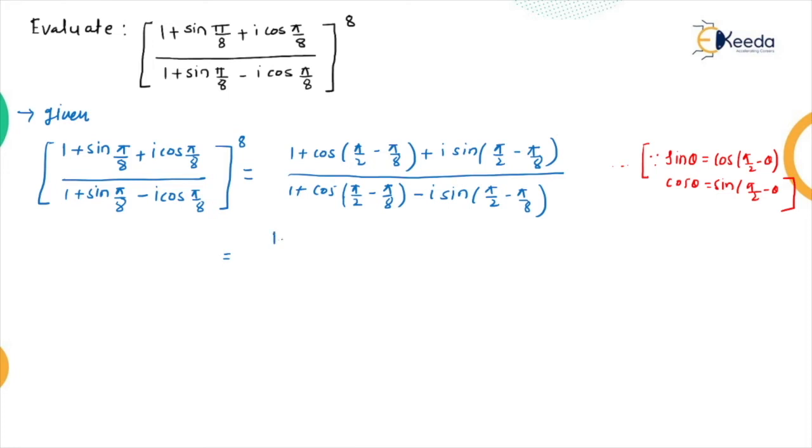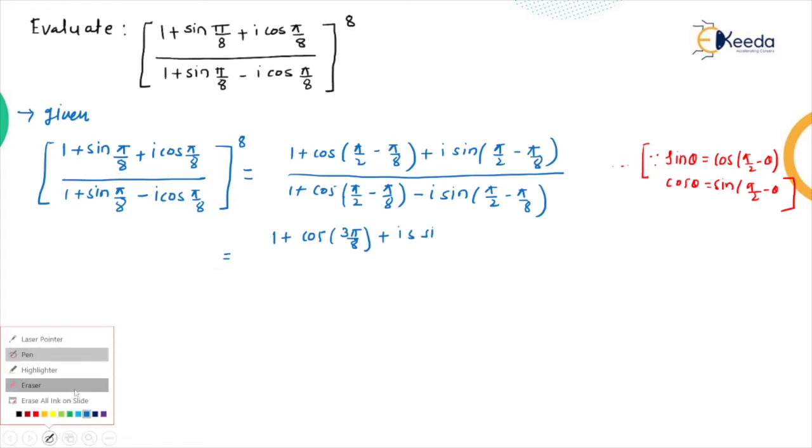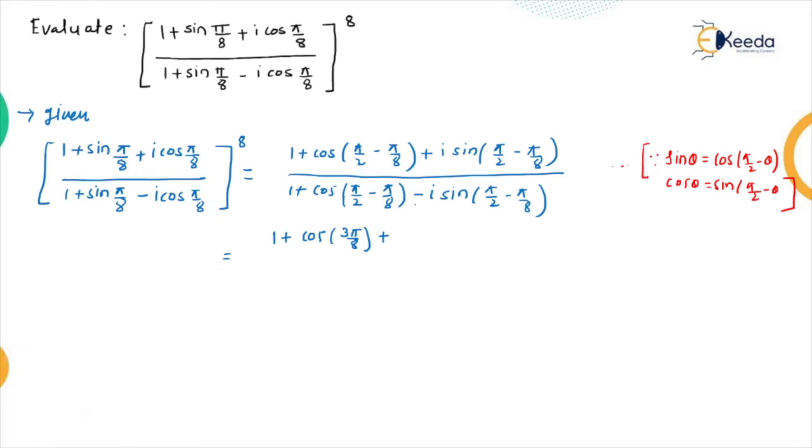It becomes 1 plus cos of 3π/8, plus i times sine of 3π/8, divided by 1 plus cos of 3π/8 minus i times sine of 3π/8.